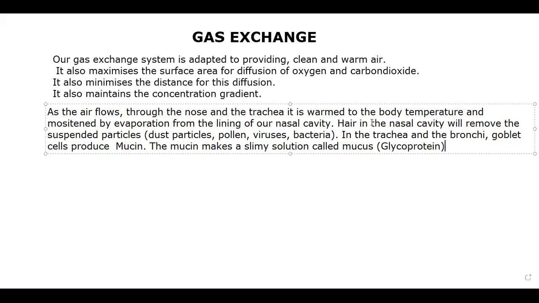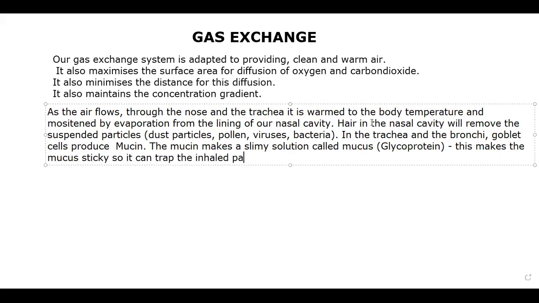We have studied it before. Glycoproteins are proteins that have a small carbohydrate chain, right? So what's going to happen? This makes the mucus sticky. So it can trap the inhaled particles. So any particle that has managed to escape the hair in the nasal cavity will be trapped by the mucus because of the glycoproteins.